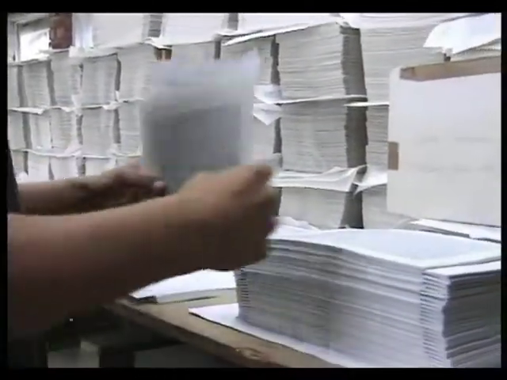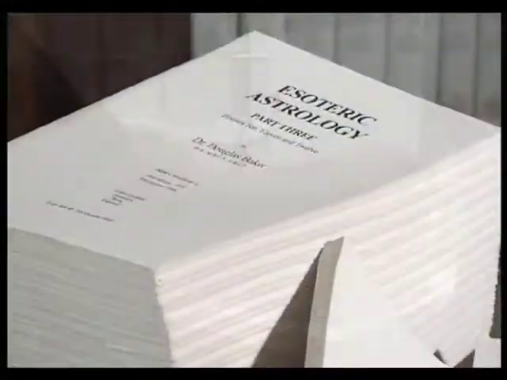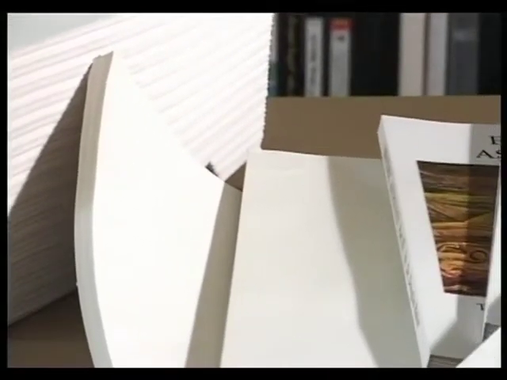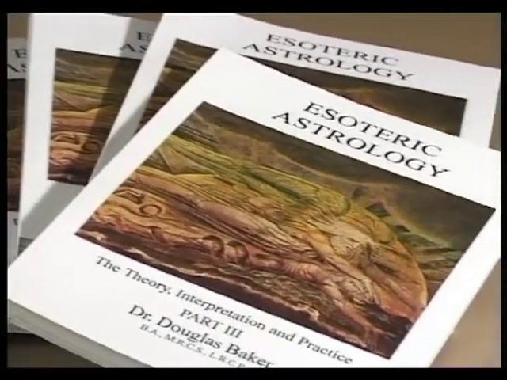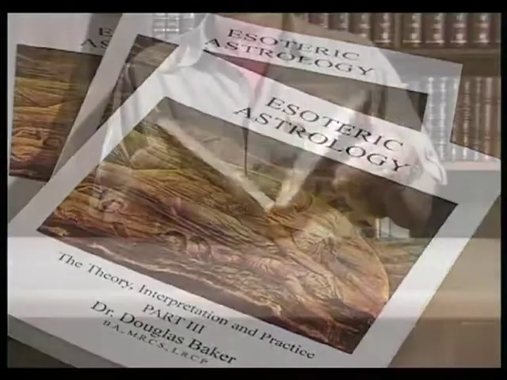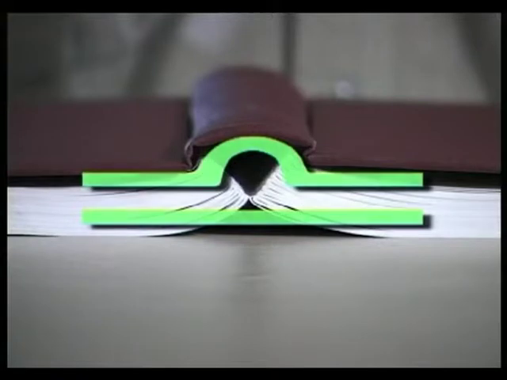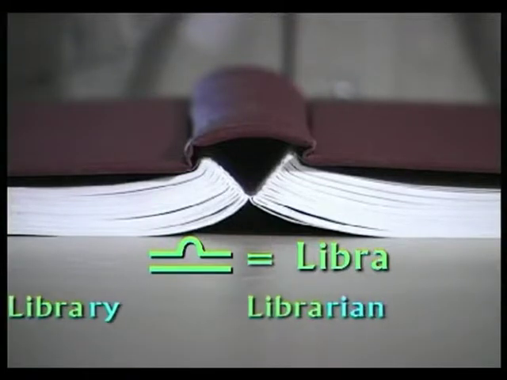The stacking of printed paper suggests the content of the simple book, a stack of flat sheets of printed paper bound on one side. When the book is opened and laid flat, it presents with a crimp, which is its spine, again so characteristic of the zodiacal sign Libra, from which we derive our modern words, library and librarian.